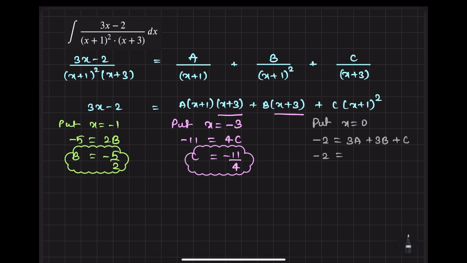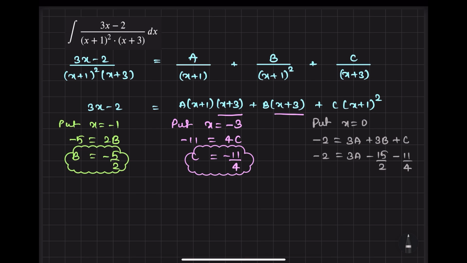Minus 2, 3a we don't know, but we know b. So b is minus of 5 by 2, so it is minus of 15 by 2. And who is C? C is minus of 11 by 4. Correct? Now send everything that side.